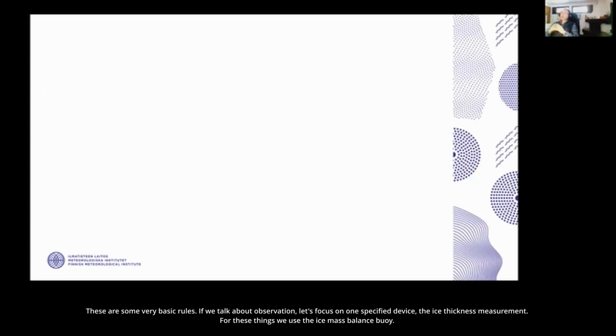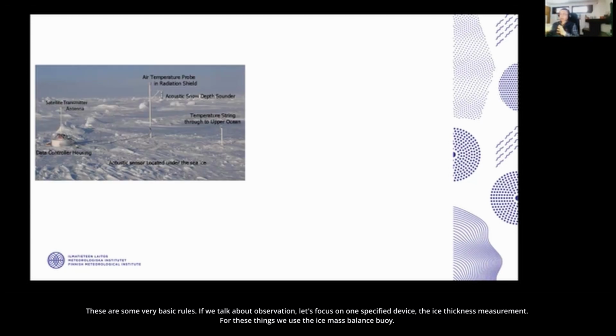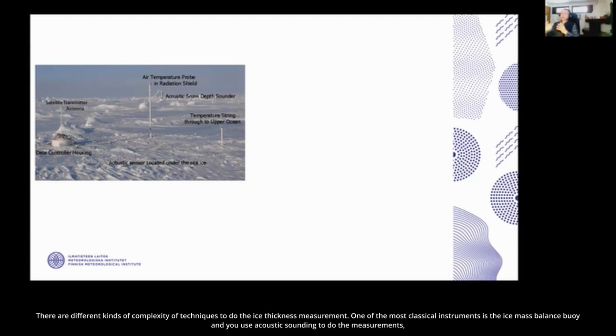Now, if we talk about observation, let's focus on one specific device. We'll talk about ice thickness measurement. For this, we use the ice mass balance buoy. Again, there are different kinds of complex techniques to do ice thickness measurement.